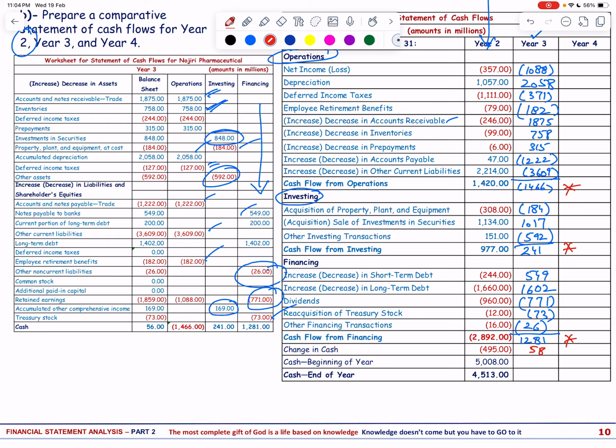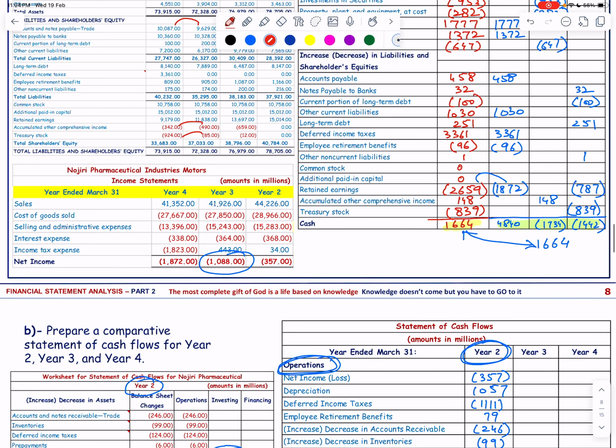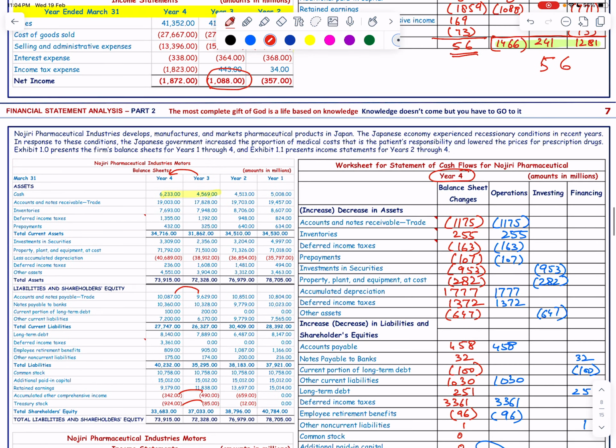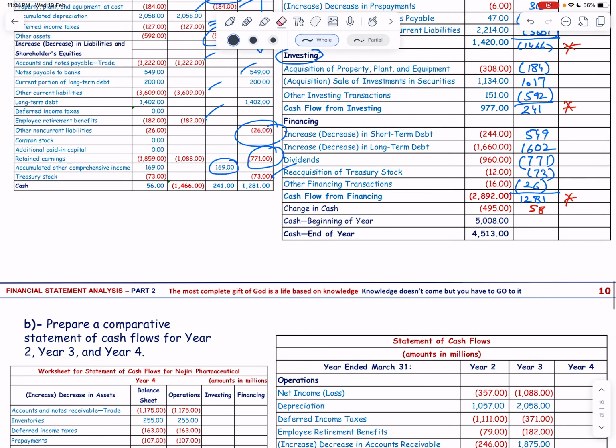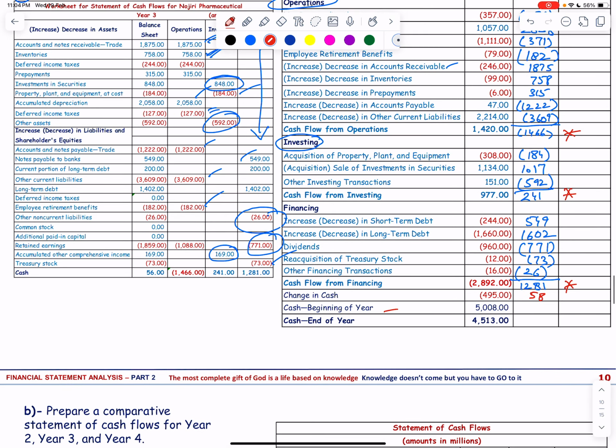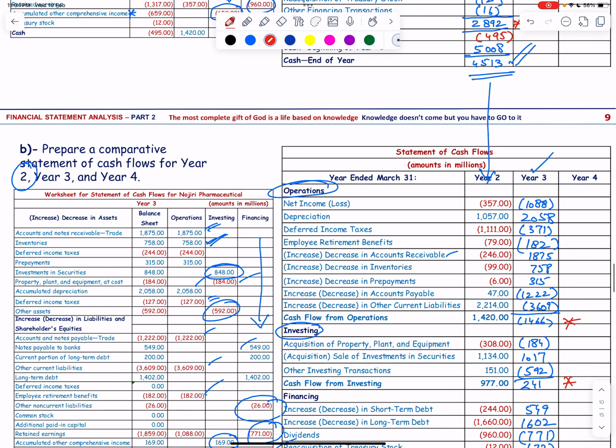And once again we go to the question for the balance sheet for year number 3. When we go for the cash at the beginning, that is going to be how much? We need the cash at the beginning of the year for year number 3.